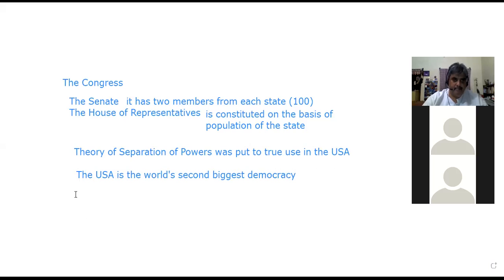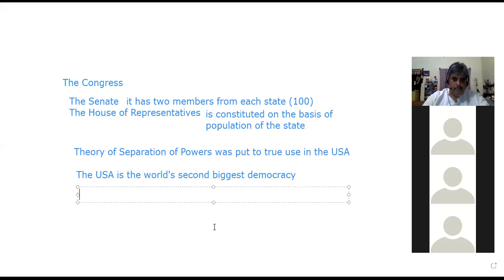And we say that the USA follows a two-party system.